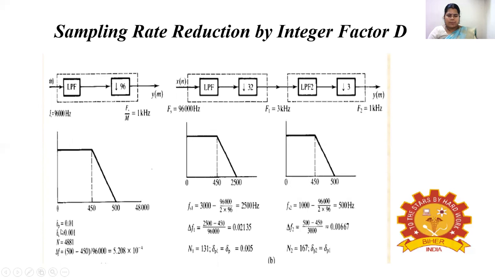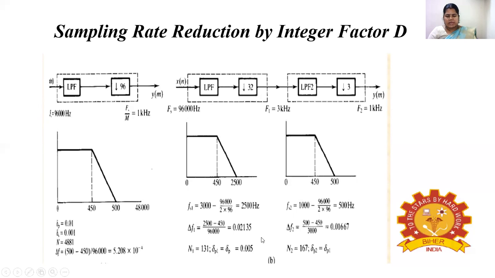Here the passband ripple is given as 0.01 and the stop band ripple is 0.001. Filter length is given as 4881 and transition width is given as 5.208 into 10 power minus 4.